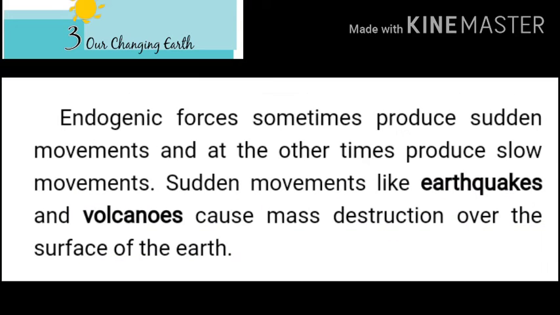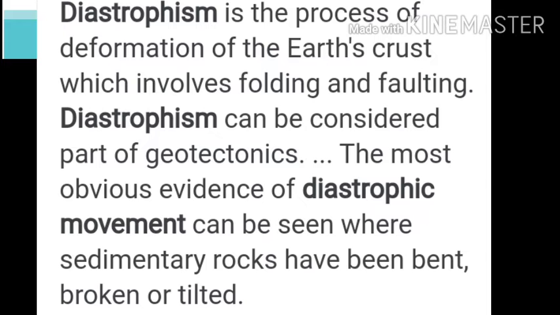Endogenic forces can be classified as sudden movements and diastrophic movements. Endogenic forces cause sudden movements of the earth's crust. These movements may lead to earthquakes and volcanic eruptions. Diastrophic movements cause changes very gradually, which might not be visible during a human lifetime.